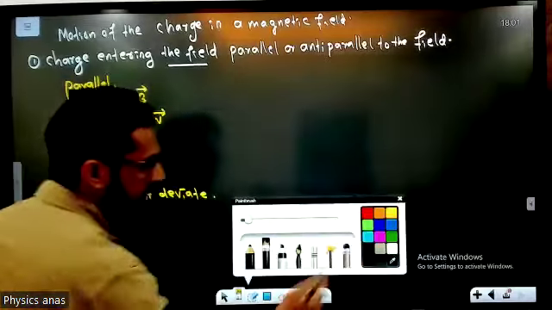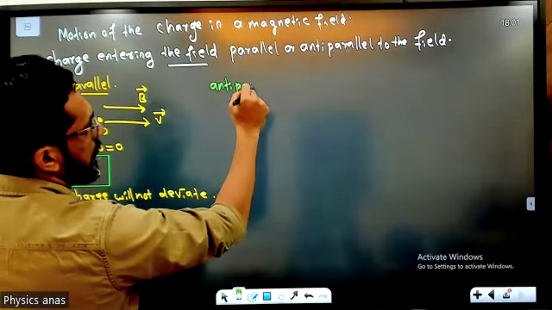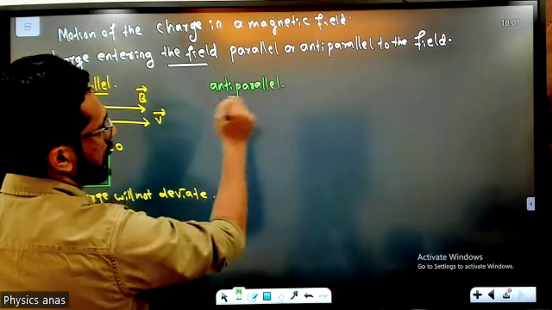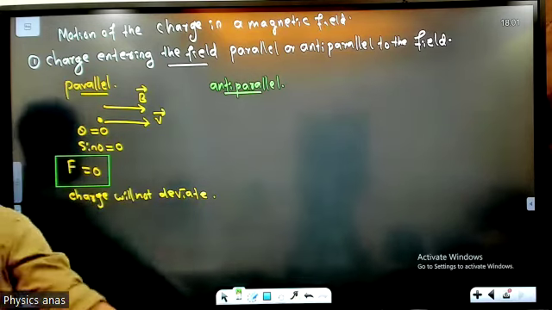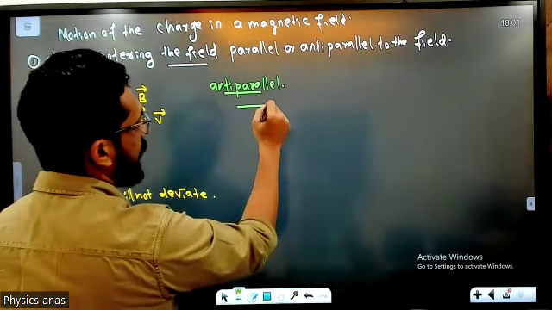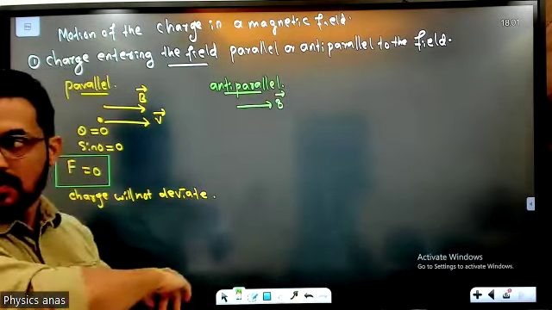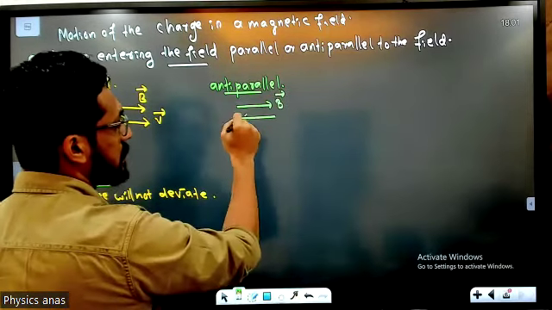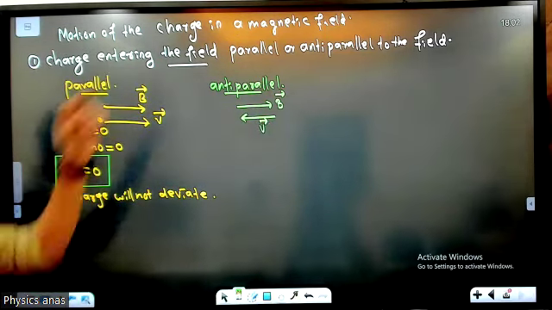Okay. Let's discuss the case of anti-parallel entry. Now the charge is entering the magnetic field opposite to it. The magnetic field is acting in this direction, towards the right. The charge is entering in the opposite direction of the magnetic field. This is the direction of motion of the charge. Then what is the angle between them?